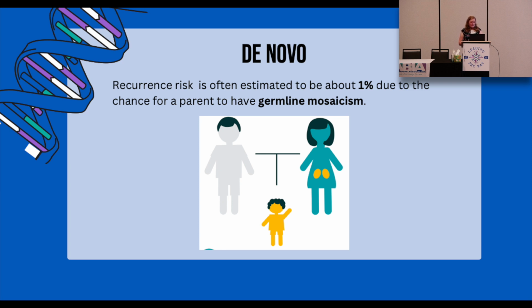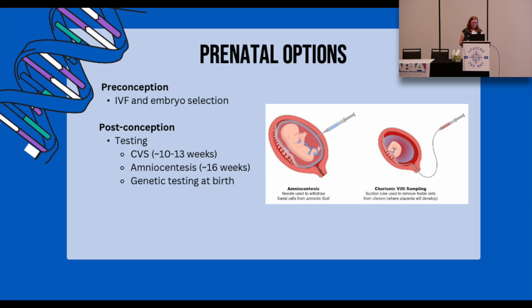After a baby's conceived, there are ways to do genetic testing, and I know some people consider this even in cases where their child is deemed to be de novo, and it just gives them peace of mind and helps them prepare or make choices. That is an option for pregnancies after 10 weeks. The CVS is where they take a piece of the placenta and do the genetic testing, which they could do between 10 and 13 weeks.